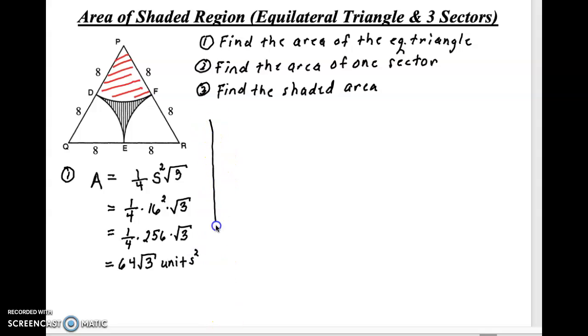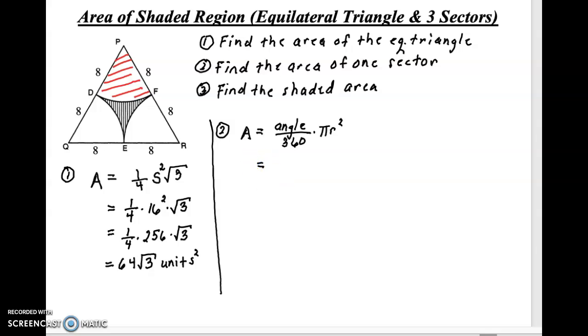Now, step 2 in this process, we're going to find the area of one sector. Well, if you remember, the area formula for a sector is whatever the angle is over 360 times pi r squared. Because after all, we're looking at a portion of a circle.